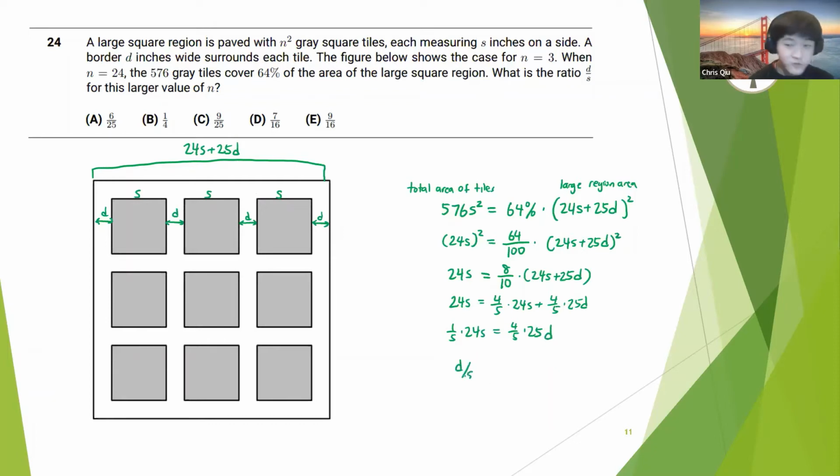From here we can calculate d over s to be 6 over 25. So now we've calculated d over s to be 6 over 25, and our final answer is A.